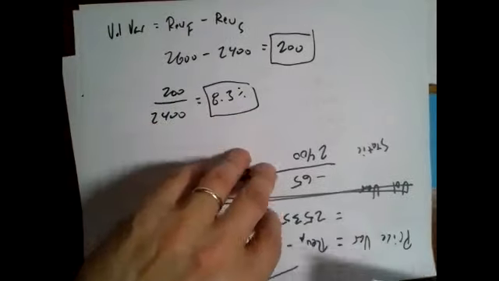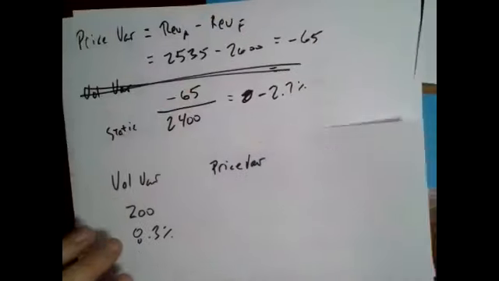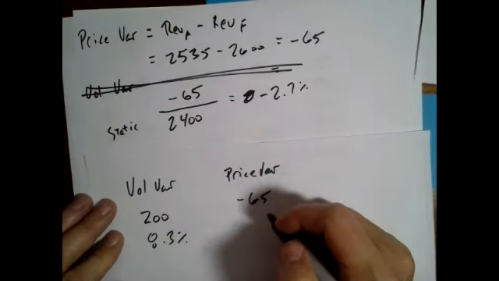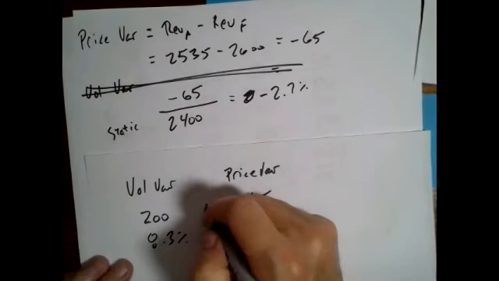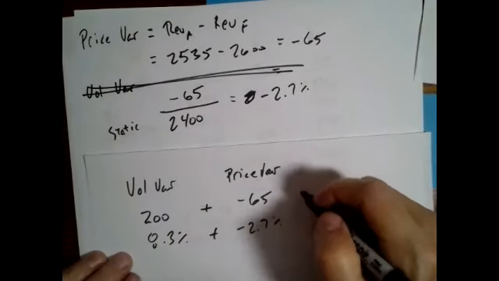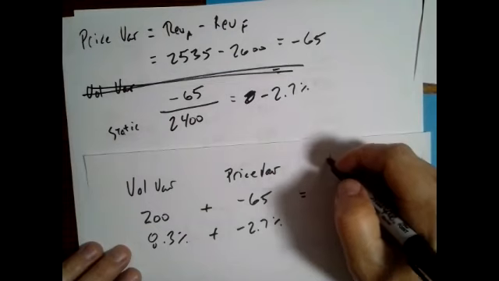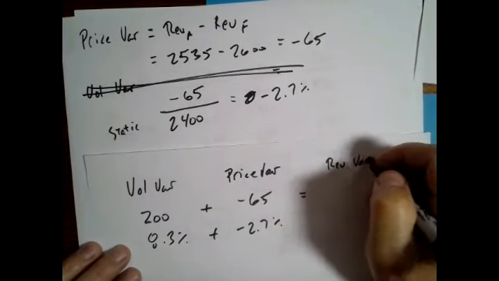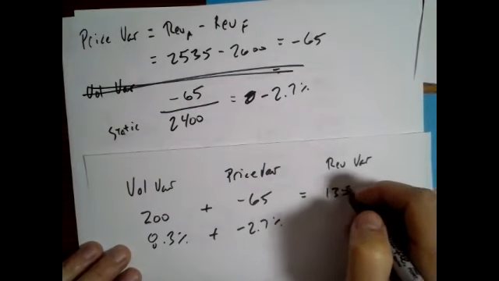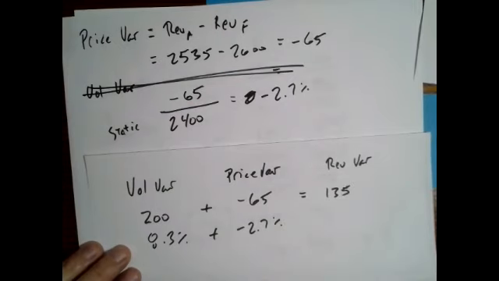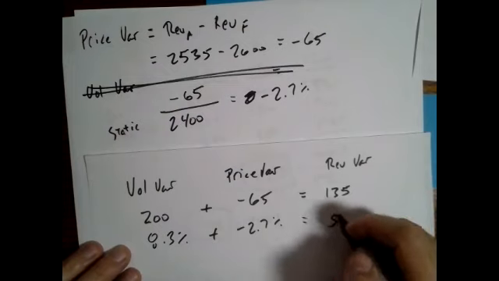Price variance of minus 65 or minus 2.7%. If we add these together, we should get our revenue variance. So 200 plus minus 65 is 135. And then 8.3% minus 2.7% is 5.6%.